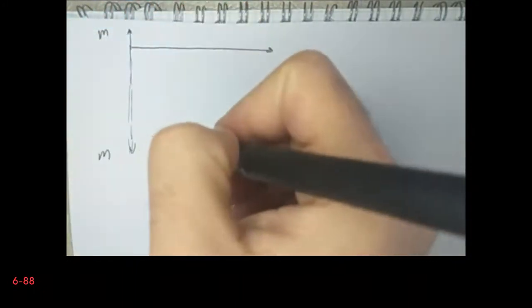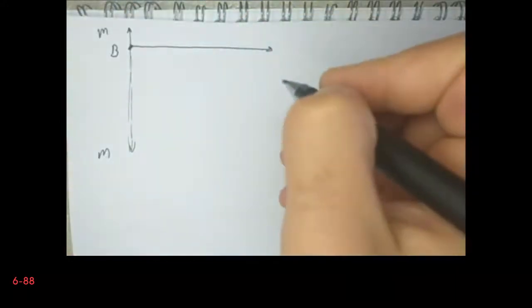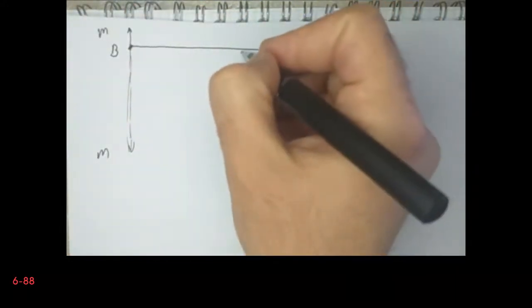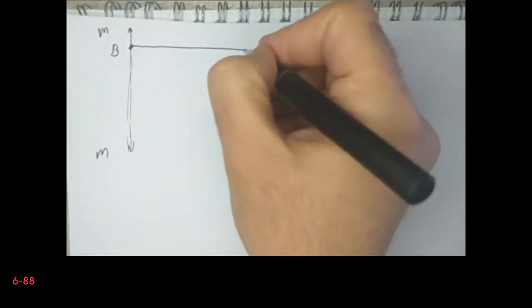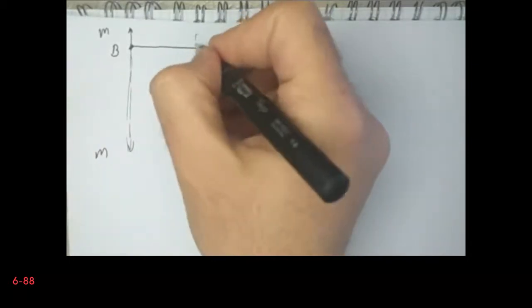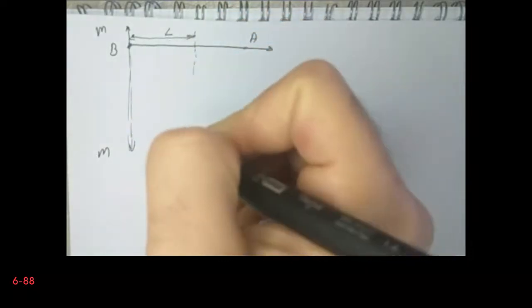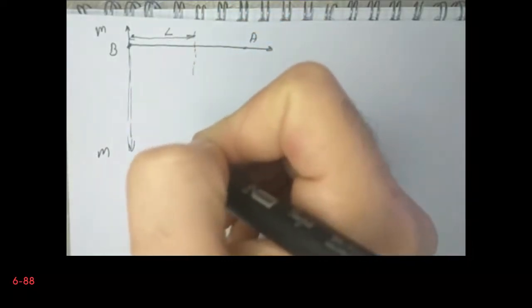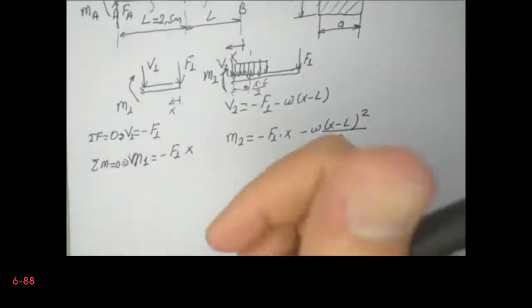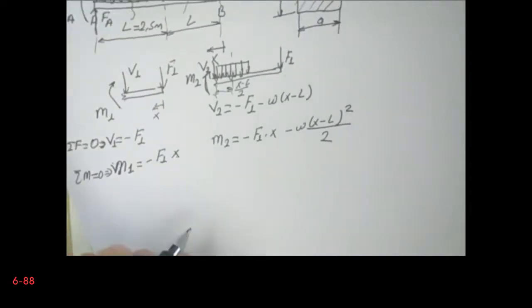Here is the positive side. So this is my point B, because this is where I put my origin. Then I have my point A, and this is my length L, so 2.5 meters. So in the first part, from A to the center, as you see, it is minus F1 multiplied by X. So it's linear.